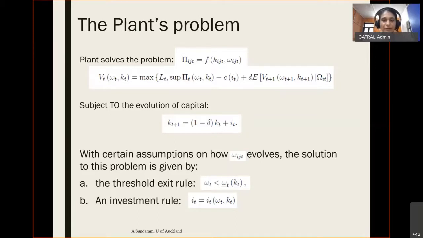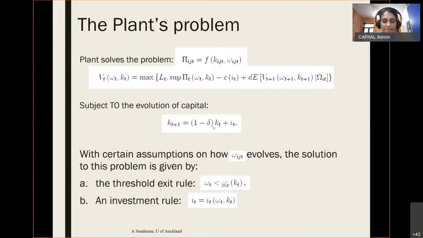And the way the firm works is the following. It's going to observe its productivity draw in period T, omega T. We are not going to observe it. The firm observes it. It then forms an expectation of omega T plus 1. That is its productivity in the next period. And then it knows that it has KT amount of capital stock in this period.